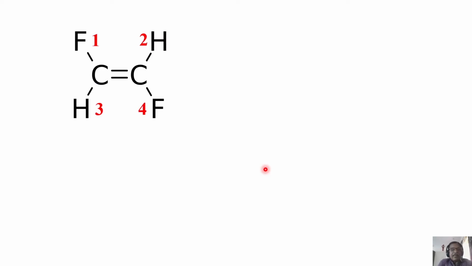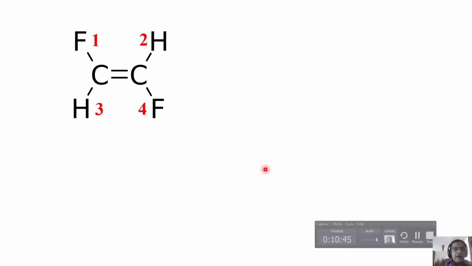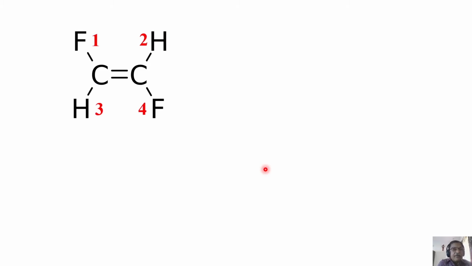Now let us look at chemical equivalence by looking at some molecules like this. Take a simple molecule like this, which is 1,2-difluoroethylene. Now, where is the symmetry axis for this molecule? Just look at this one. This is the symmetry axis.